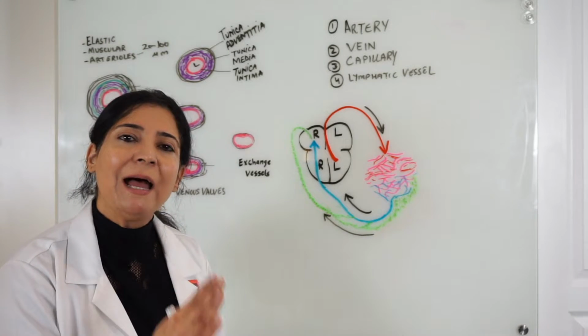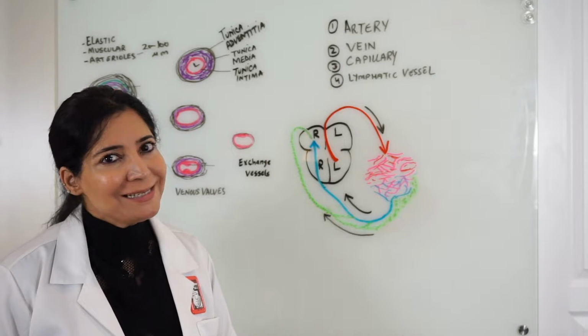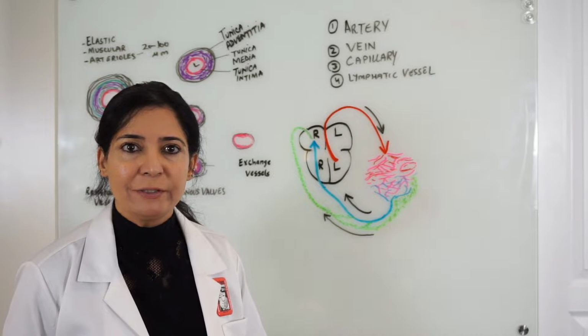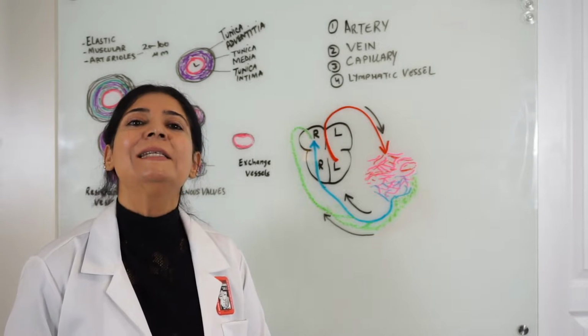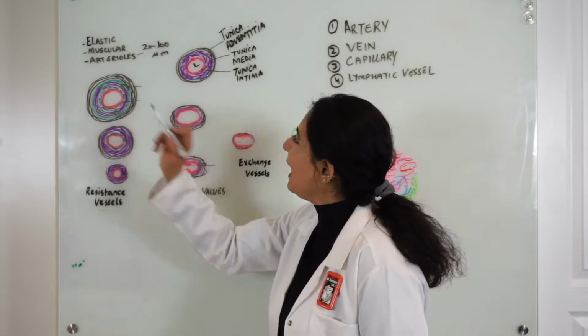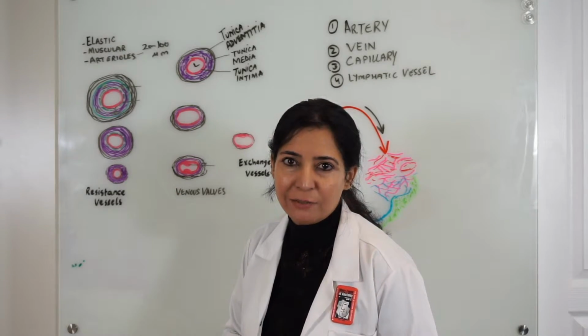Region-wise, the arteries perform different functions, so their responsibilities are different. That's why their wall configuration and structural architecture are also different. So let's have a look first at the elastic arteries, which are the largest type of arteries.